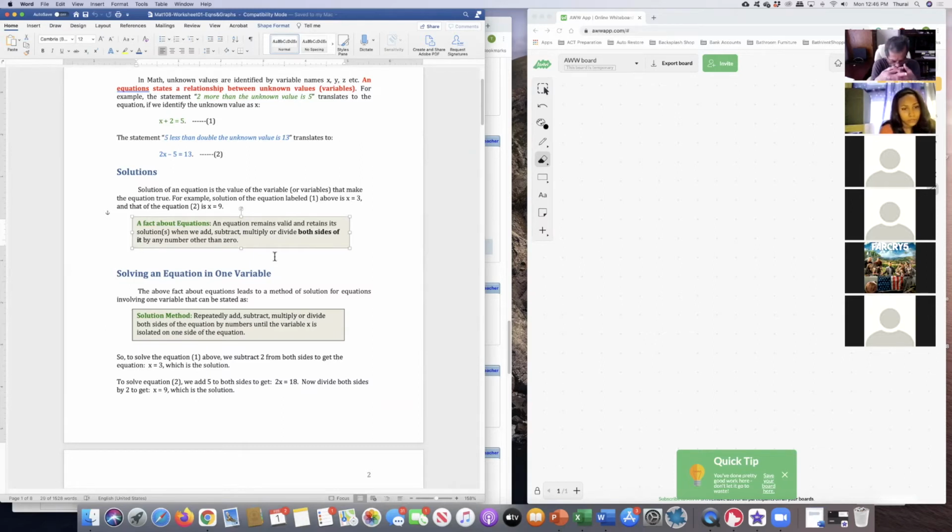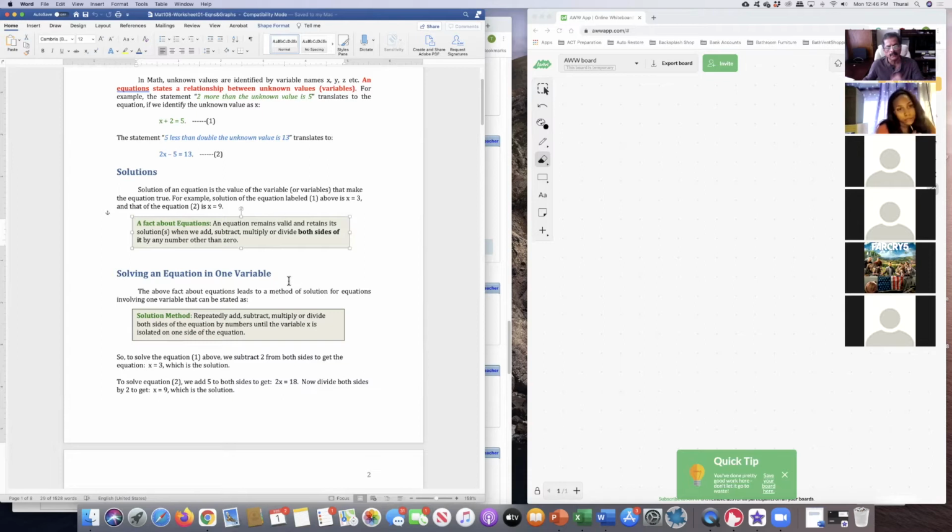So the equation will remain valid and will retain the solution if you do any operation such as adding, subtracting, multiplying, as long as you do it on both sides. So that means we can do anything to both sides, then the equation will remain valid and it will retain the solution.